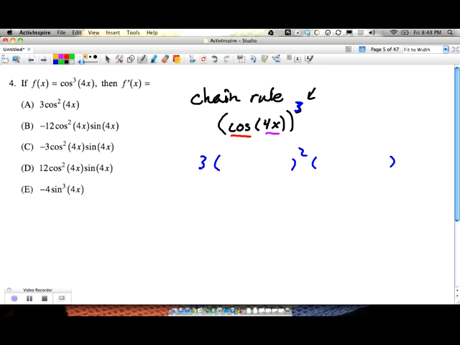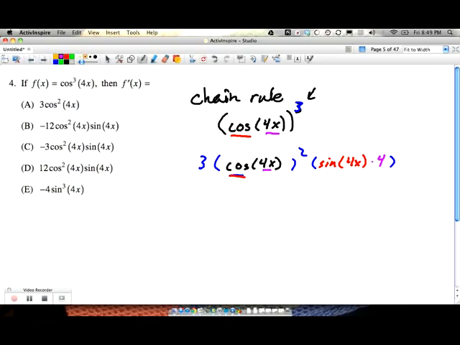So we're going to first rewrite this as cosine 4x. Now we've got to take the derivative of that. Well, the derivative of cosine of 4x, that's a chain rule in itself, because we've got to take the derivative of the cosine piece. Let's do that in red, like we were saying. So the derivative of cosine is sine, and we're going to do sine of 4x, times the derivative of the 4x on the inside there, which is 4.